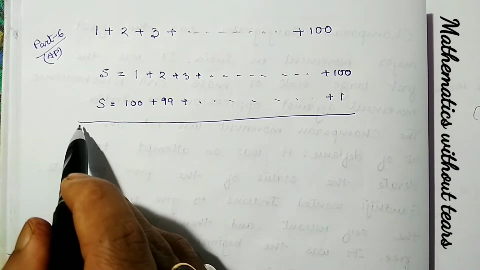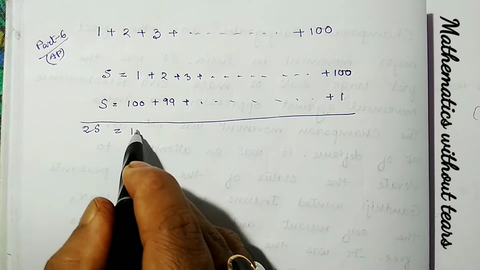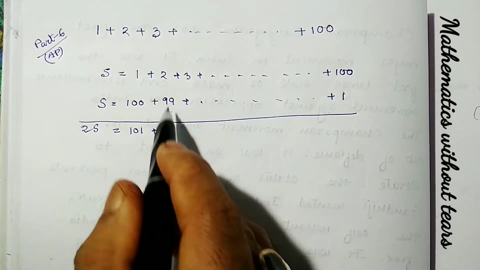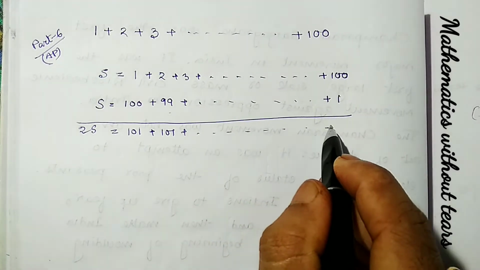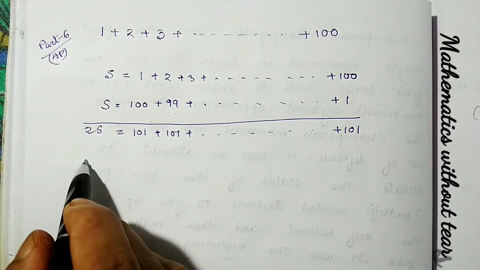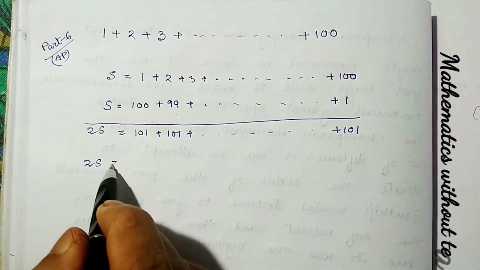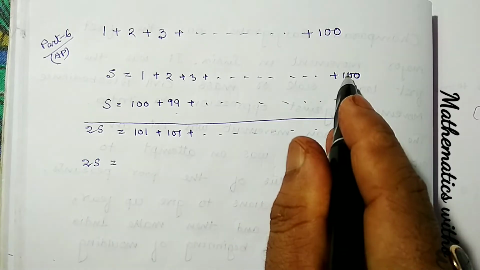S plus S, it will be twice S. 100 plus 1, it will be 101. 99 plus 2 also it will be 101, and this way it will continue, and last part also it will be 101. Fine. Now twice S I can write 101. How many times? 1, 2, 3. It is 100 times.